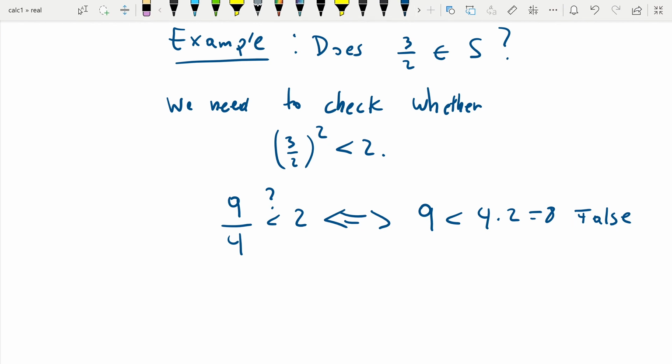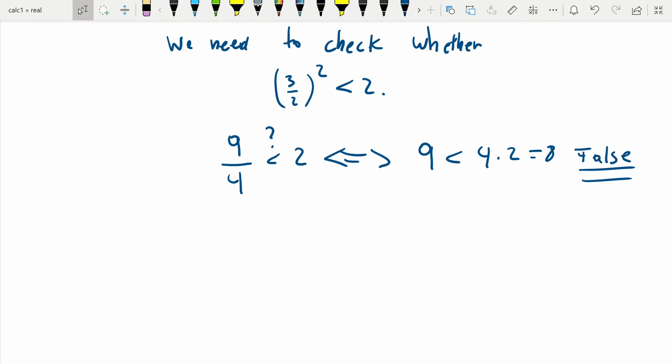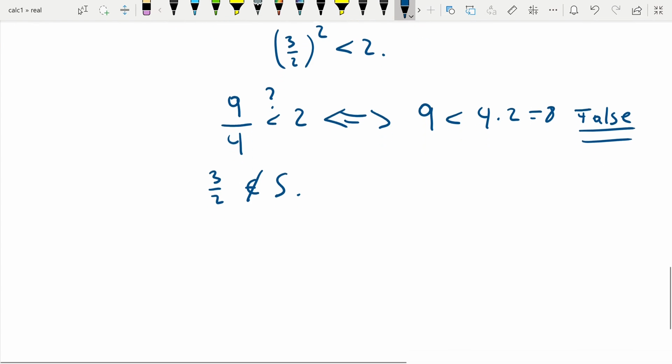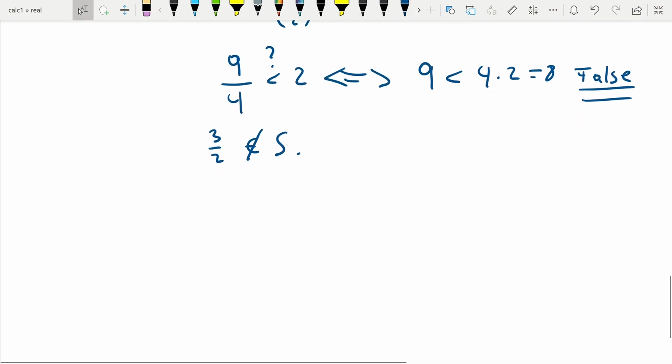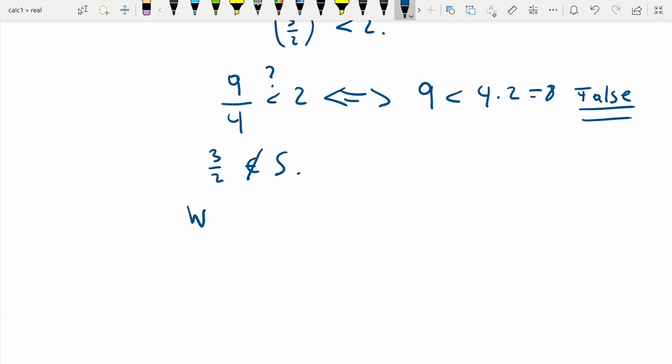So 3/2 does not belong to the set S. What about 1.1?